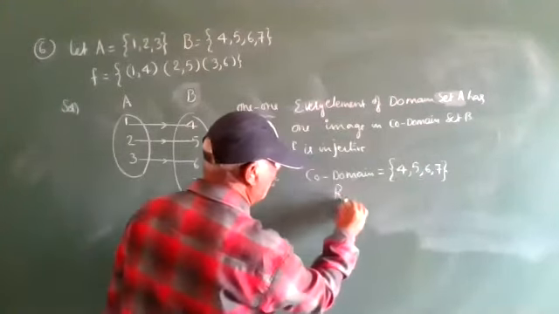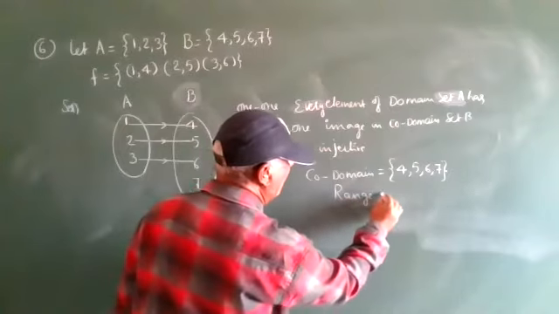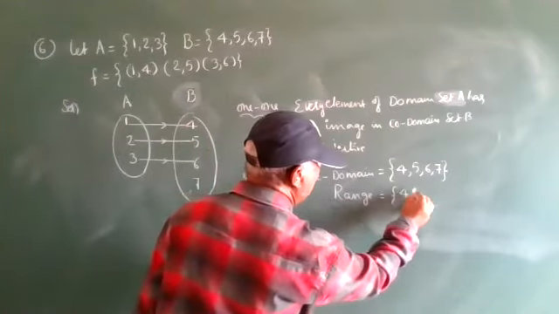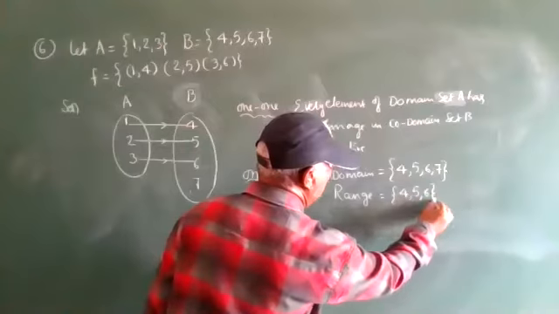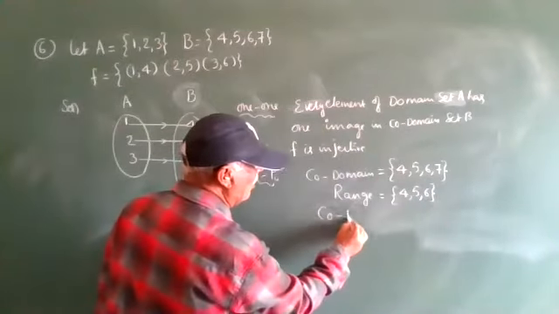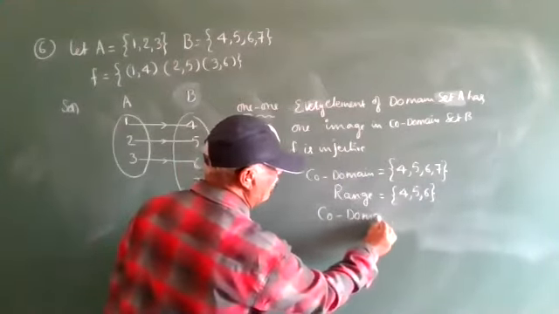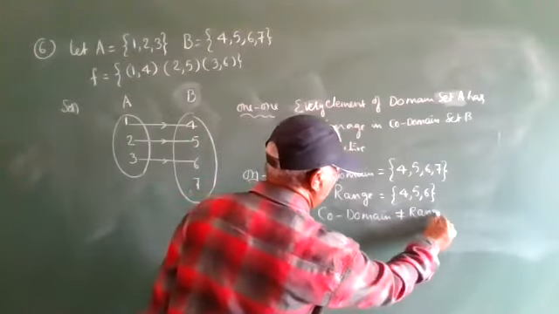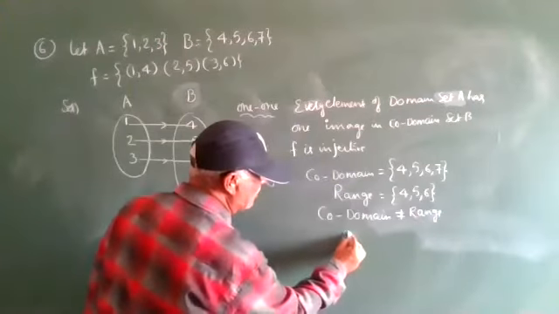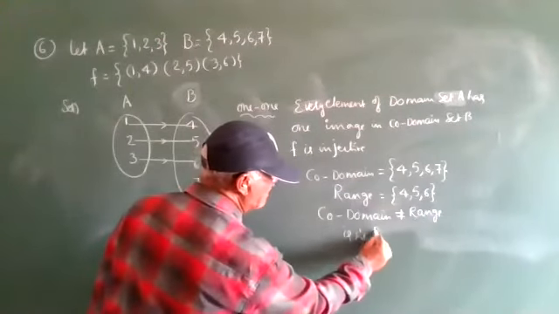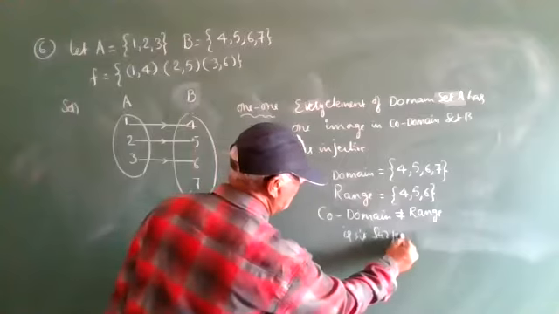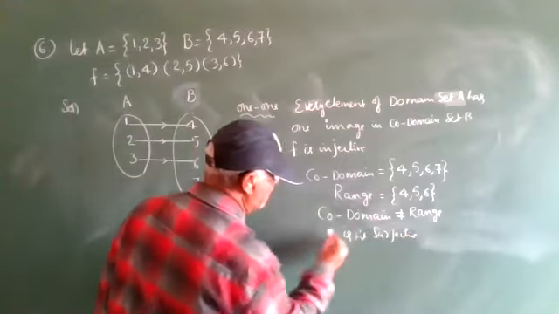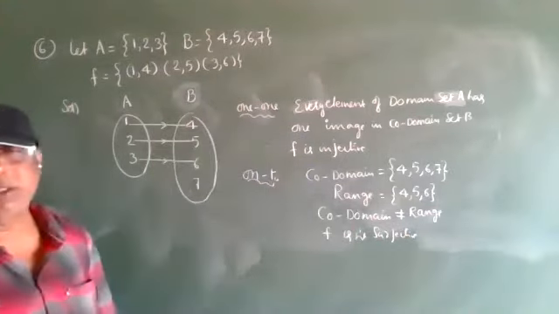The range elements are 4, 5, 6. Both are equal or not equal? Codomain is not equal to range. Therefore, f is not surjective.